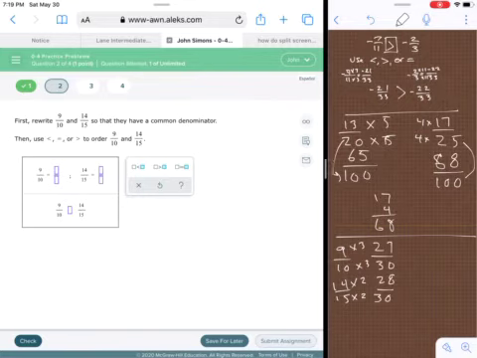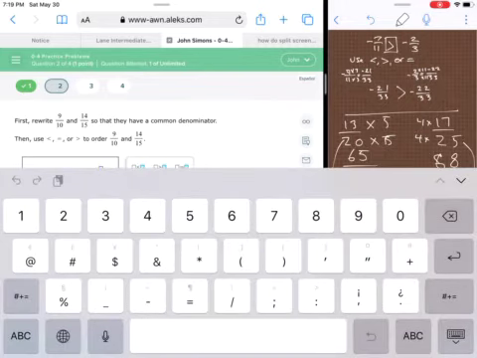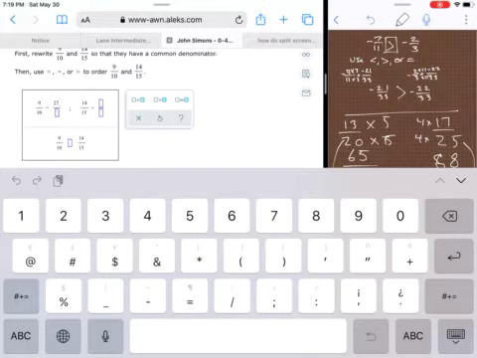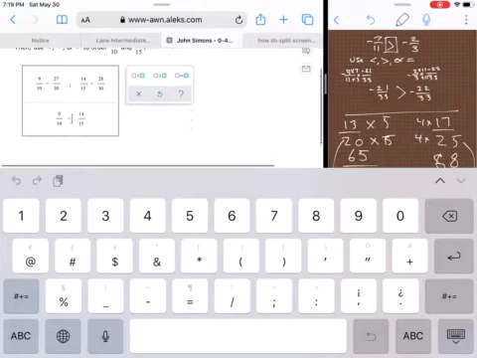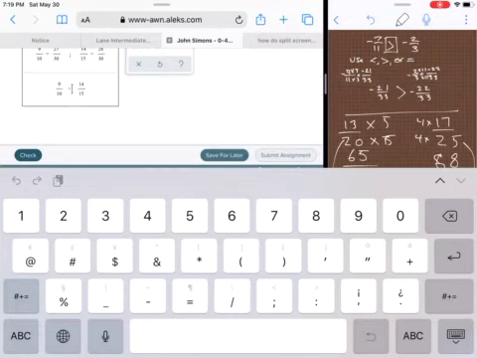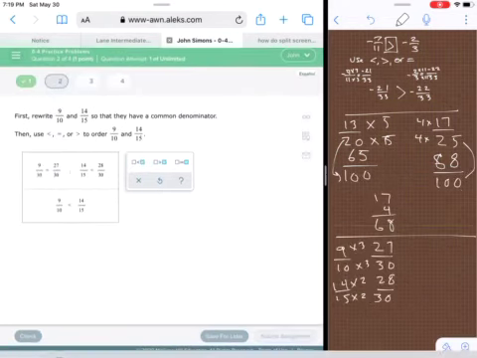All right, so 9/10ths is 27/30ths. 14/15ths is 28/30ths. And then because 28 is larger than 27, we would say 9/10ths is less than 14/15ths.